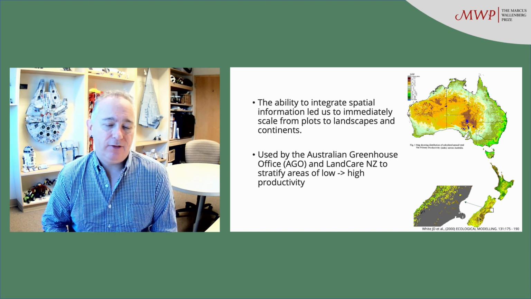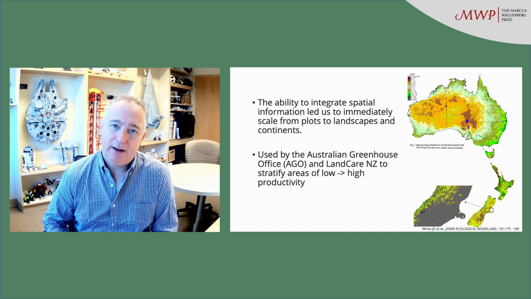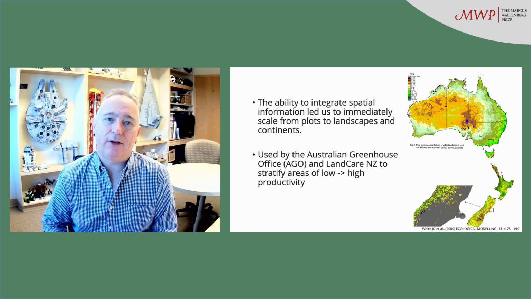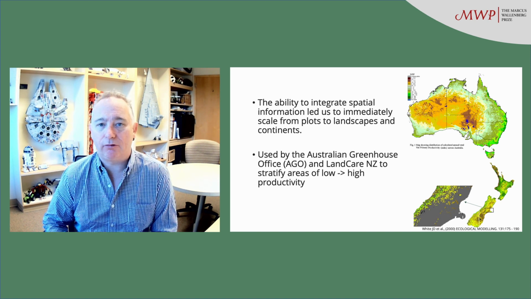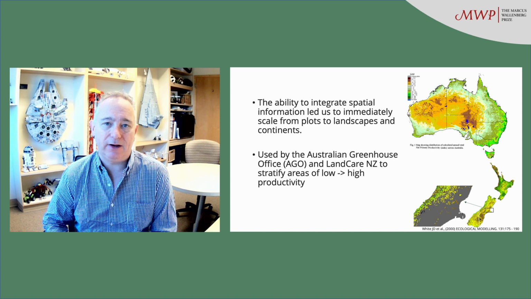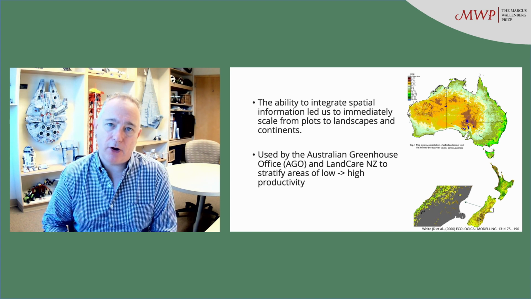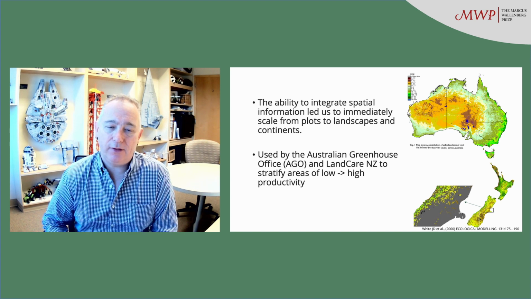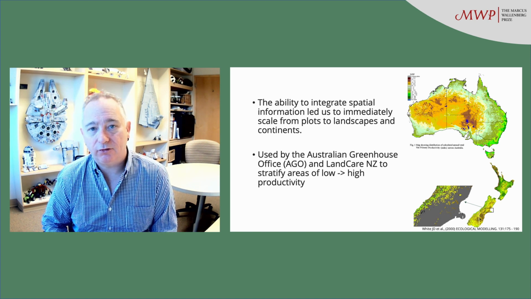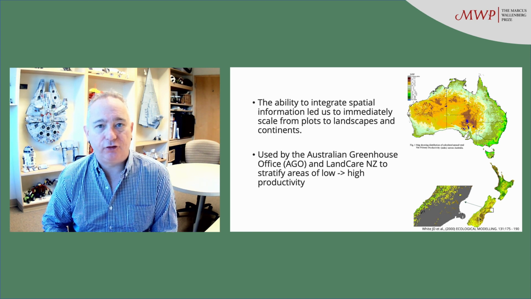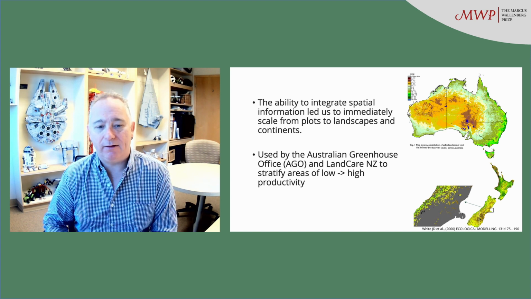This then led the development of strata where plots and additional analysis were put in to produce an Australian-wide carbon balance inventory. Likewise, in New Zealand, the 3PG model was quickly picked up by Landcare, again to stratify the productivity of the forests to allow new plots to be put in to represent that variation.